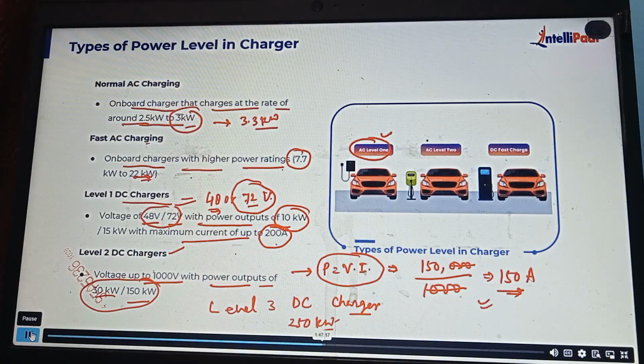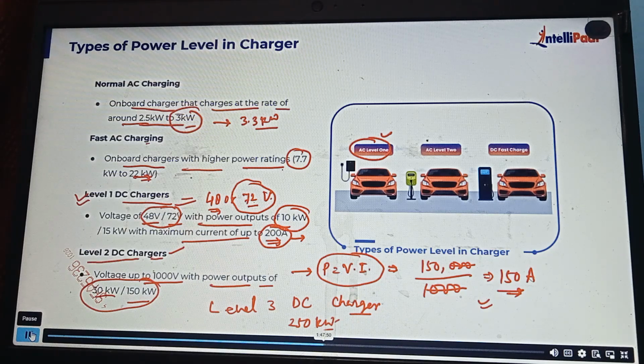So the advantage: you can see if we talk about the level 1 charger, the constraint is on the voltage side. We can have 48 volt battery, 72 volt battery, and we have to develop the charger which can supply a current of 200 amps. So you can think about the size of the cable which is required in such a scenario.